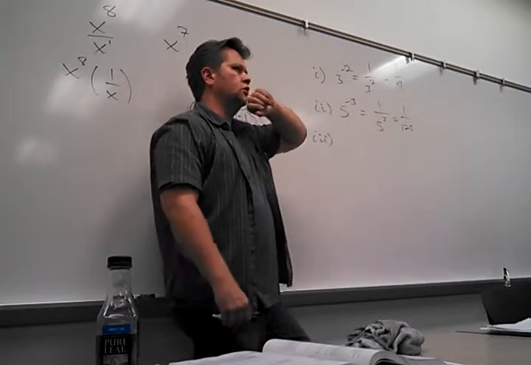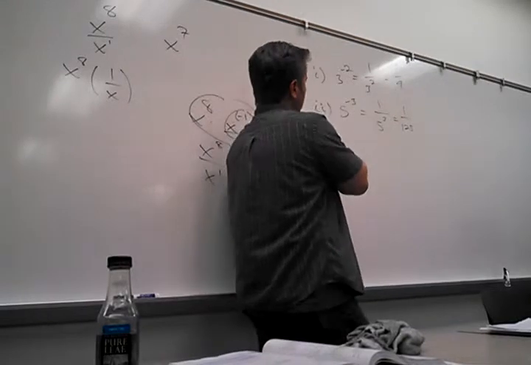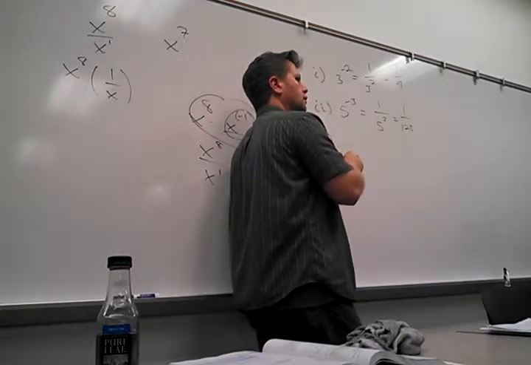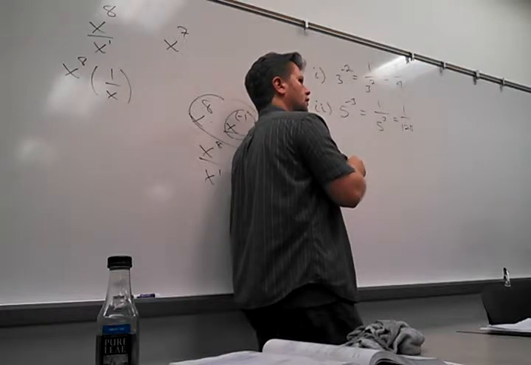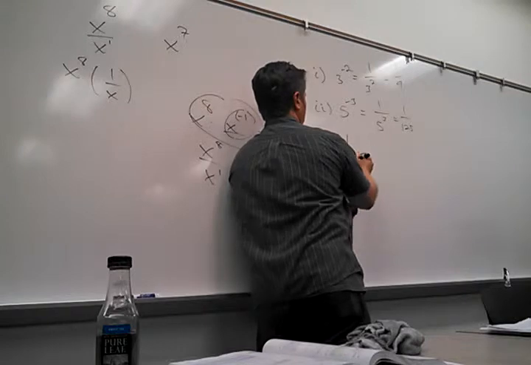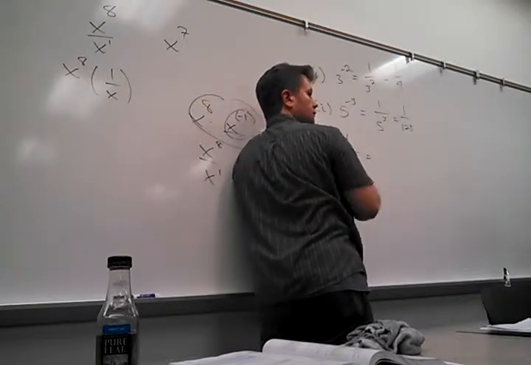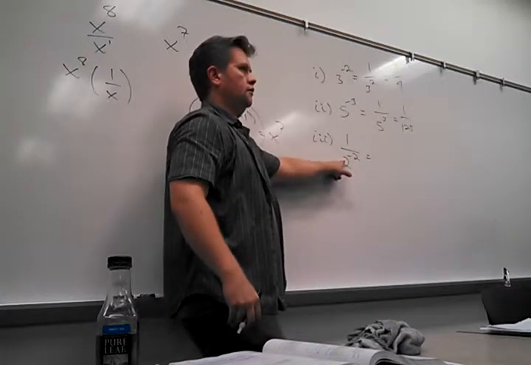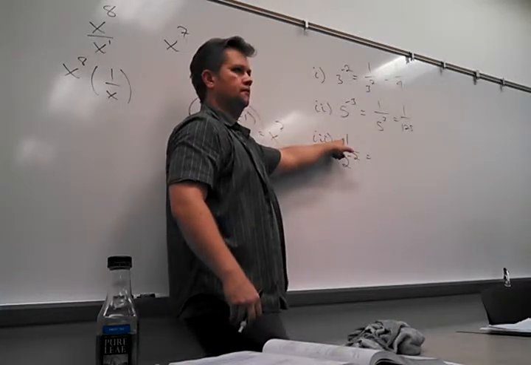I don't understand. I don't get the idea. So I think he's trying to say it's like reciprocated again. Or how could it be a negative? Let me show you this. What if it was 1 over 2 to the negative 2? It goes up.